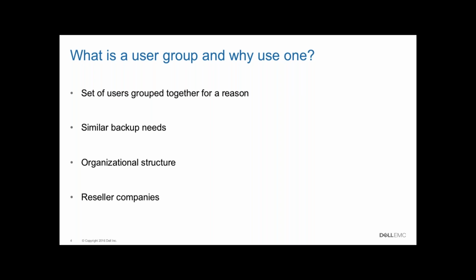Within the administration console, why would we use these? Good examples in terms of organizations could be down to the organizational structure. You may have a very set in stone structure in the organization. You may have a finance department, a support department, a sales department, a marketing department, and so forth. And each user within those specific business unit groups may have specific backup needs.